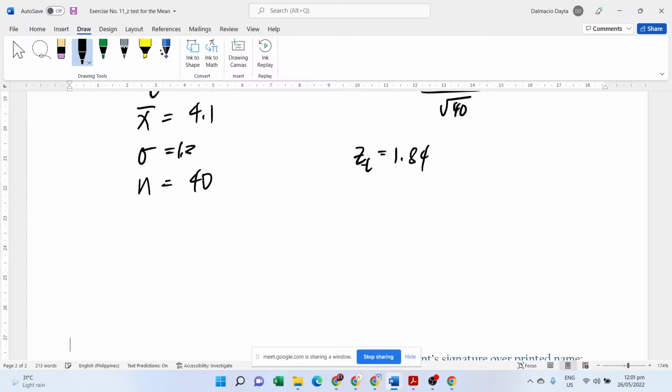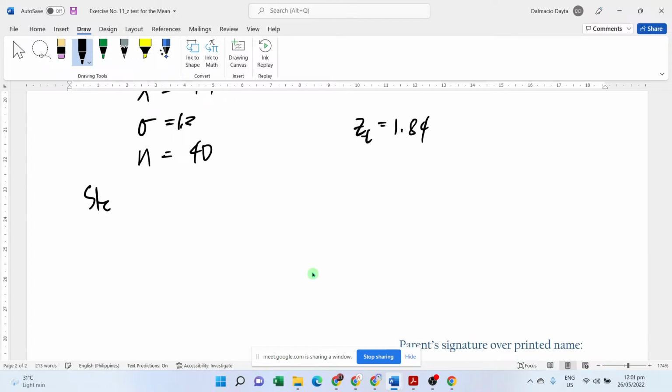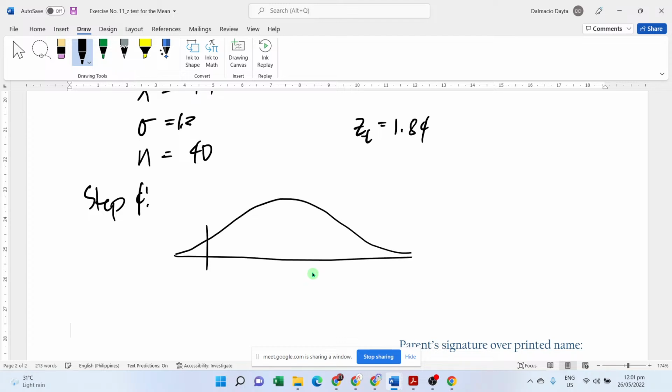Ganun ulit gawin natin in deciding. Step 4, let us do the decision. Tignan ulit natin. Balikan ulit natin. Negative 1.96. Positive 1.96. These are the Z critical values. Okay. Nasaan yung 1.84? Is it on the tails or is it in between?